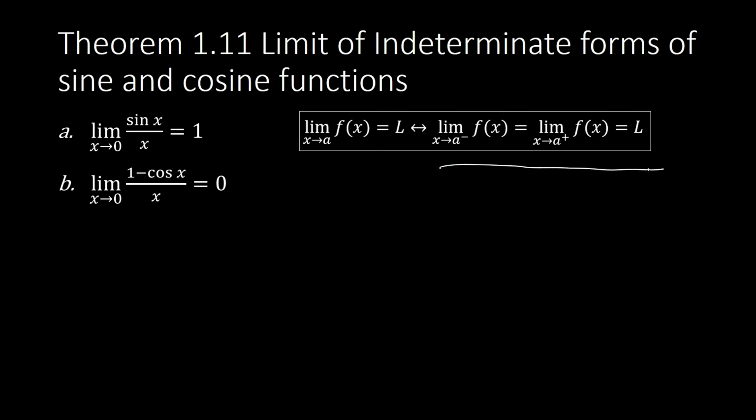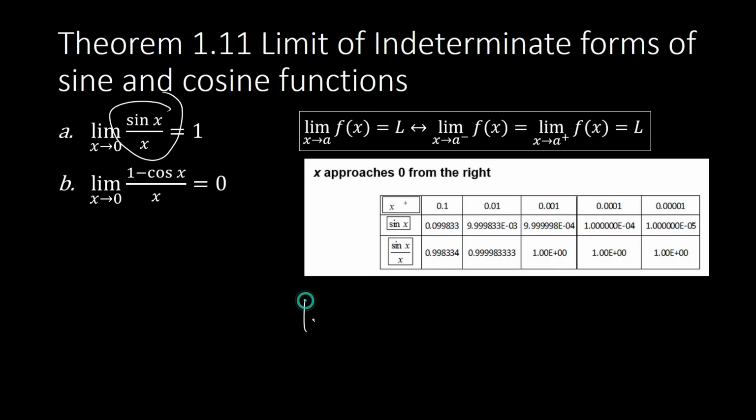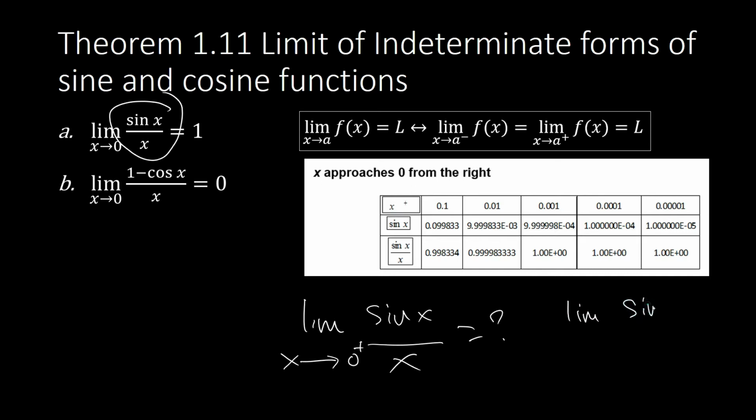If the one-sided limits are equal to the same real number L, then the limit of the function exists and it is equal to L. So we shall investigate the one-sided limits of sine of x divided by x as x approaches 0 from the left and from the right. We will find the limit as x approaches 0 from the right, and what is that equal to? And we will also find the limit as x approaches 0 from the left, and what is that equal to?